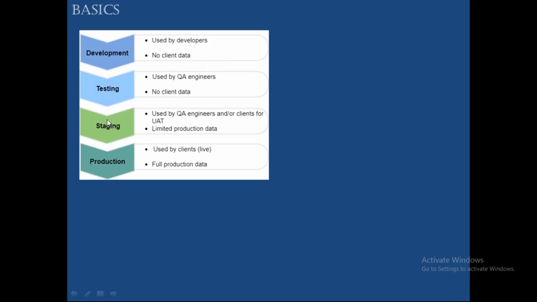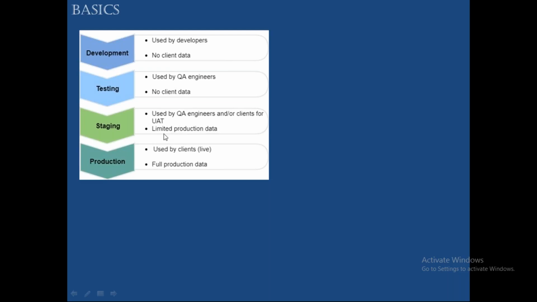Okay. Next, staging. So if testing is completed, then staging. Staging is used by QA engineers and the clients for UAT. Some clients will be involved, test engineers will be involved, and they will test it with the actual data. In testing, dummy data we will use, some mock data. But here, the actual production data, we will use to test our code.